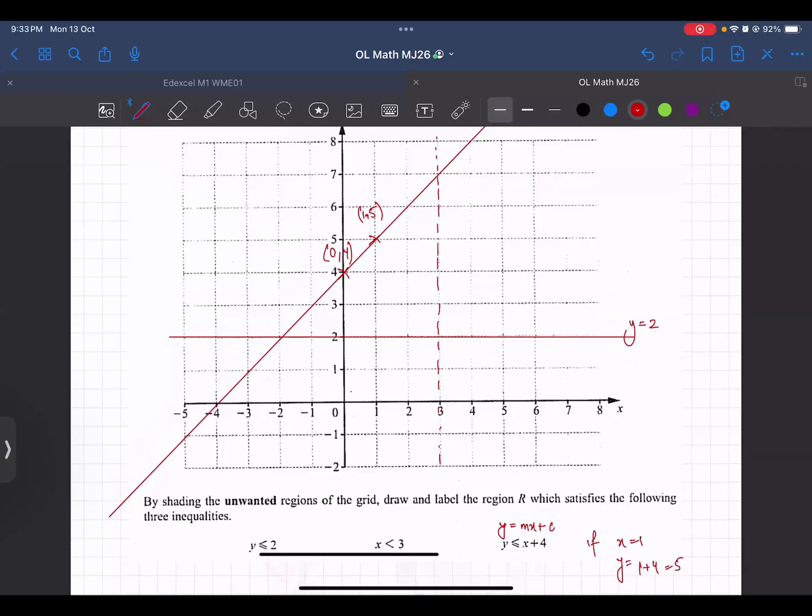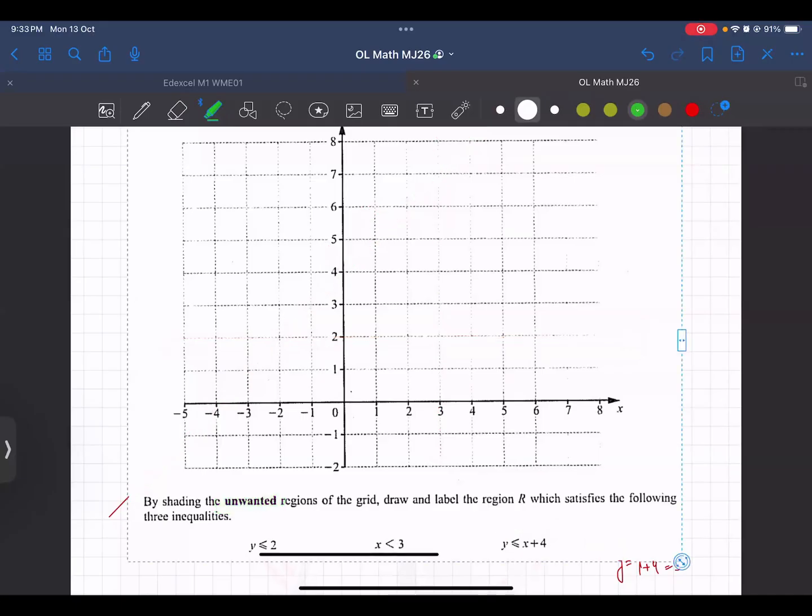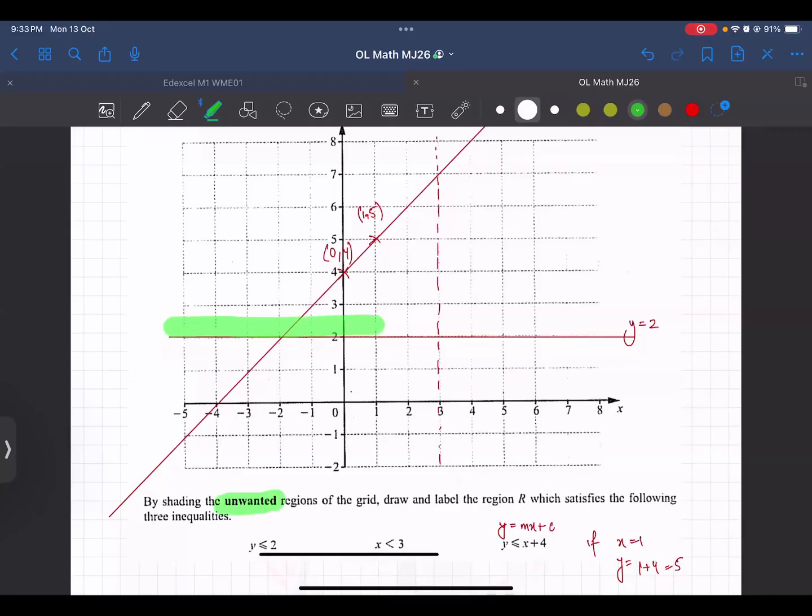Greater than or equal to means above. Required is above, but they are asking you to shade the unwanted, so you would shade the part which is below. Yes, sorry. Y is less than or equal to 2. Less than or equal to 2 is the downward part. You want the downward part, so you would shade the part which you don't want. So this part.